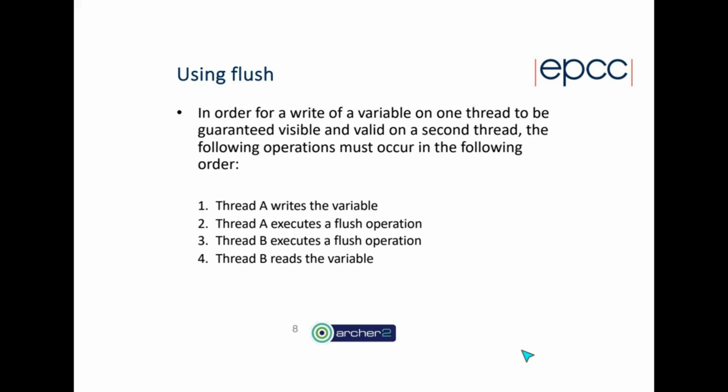Those are the rules we have to obey. The difficult one to enforce is the ordering between 2 and 3, because these are operations happening on different threads, but we're trying not to synchronize those. We're trying not to use any inbuilt mechanisms to synchronize those threads. So how can we guarantee this ordering of flushes between different threads? It turns out to be a little bit tricky.